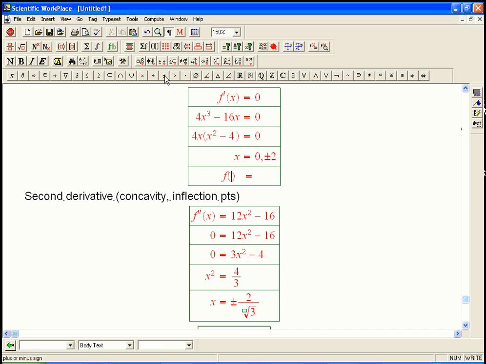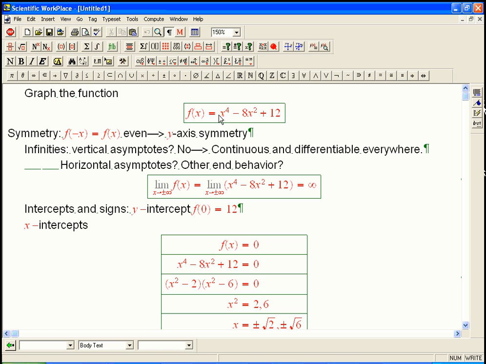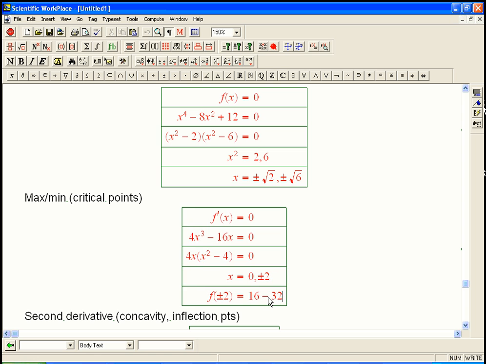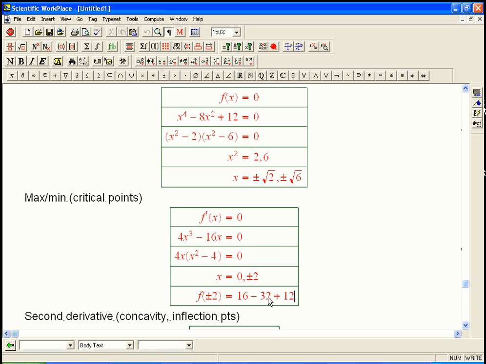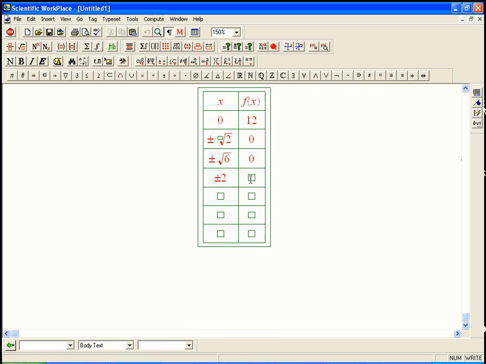F of plus or minus 2, we actually plug that back into our original function. We get 16 minus 8 times 4, which is 32, plus 12, which is equal to minus 4. Okay. So those are good points to plot.